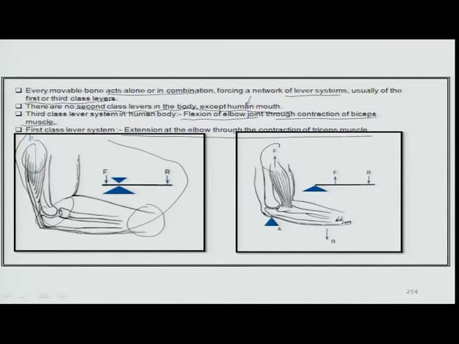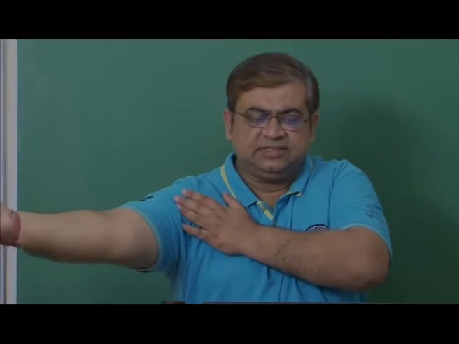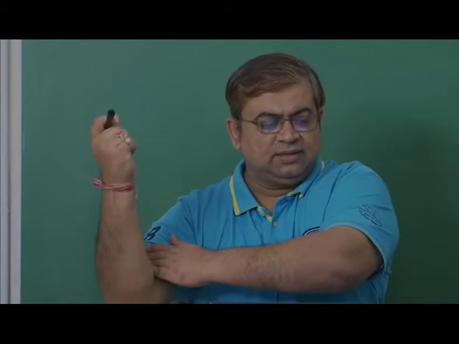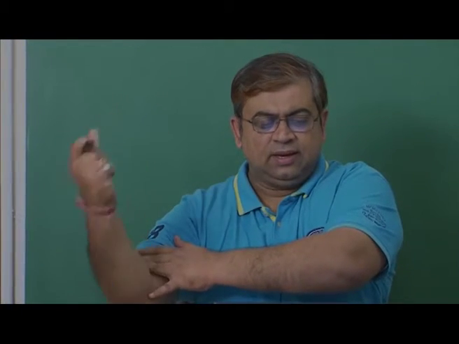Similarly the force is in the other direction altogether, and there is a fulcrum point here which is leading to a resistance in the other direction. So in one case you are lifting or flexing, in another case you are extending. So this is the first class system, and the third class system is basically flexion of the elbow joint. So this is how you understand joint mechanics.